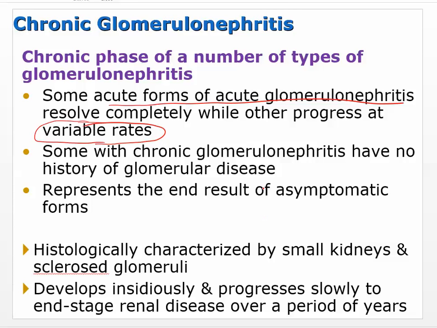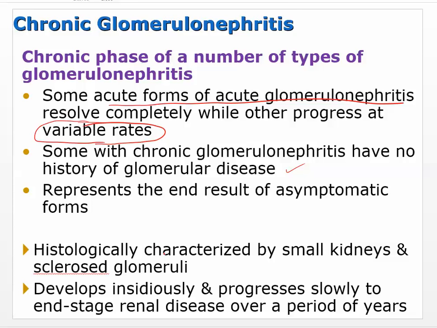Some with chronic glomerulonephritis have no history of glomerular disease that they've been aware of. And so you have this slow, ongoing, constant damage, and the body is adjusting, and you may be completely asymptomatic. So it represents the end result of asymptomatic forms.